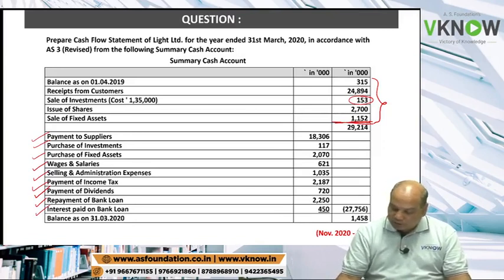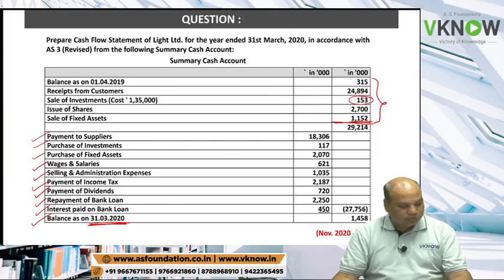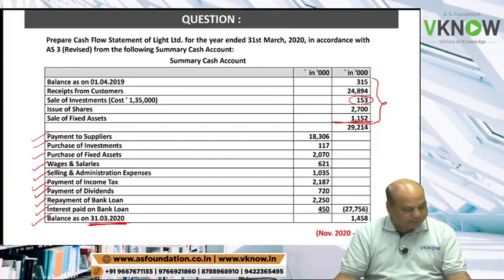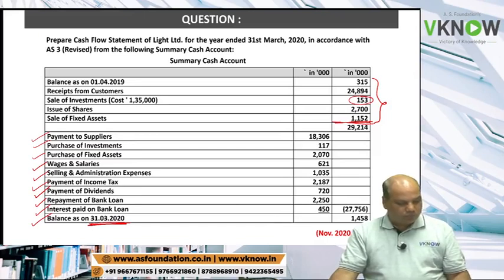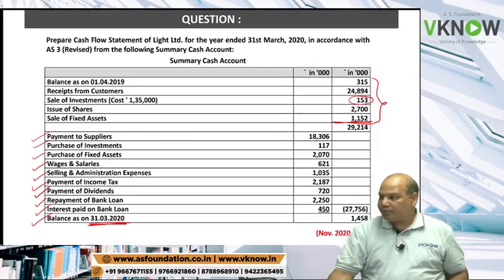Interest paid on bank loan 450. Balance on 31st March 2020, 1458. This is a November 2020 RTP question.